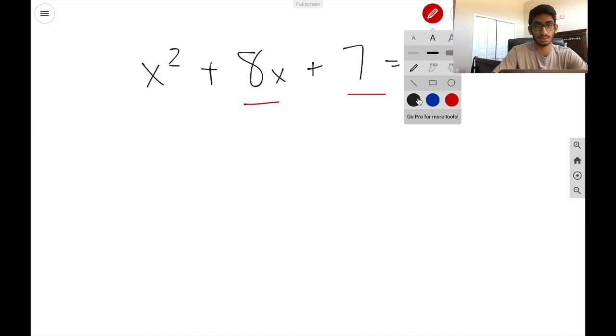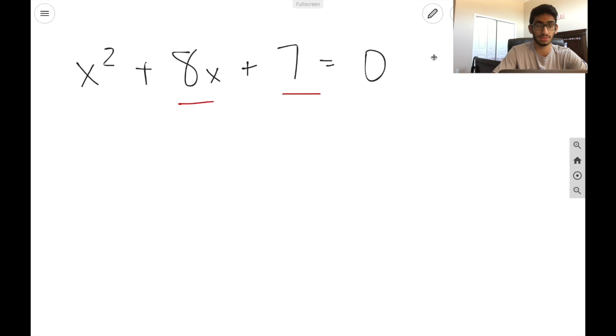One way to do this is to figure out the factors of the C term. This is your A, this is your B, this is your C. For 7 it's only going to be 1 and 7 because 7 is a prime number. Those are your factors because 1 times 7 is 7 and 1 plus 7 is 8, and 8 is your B term.